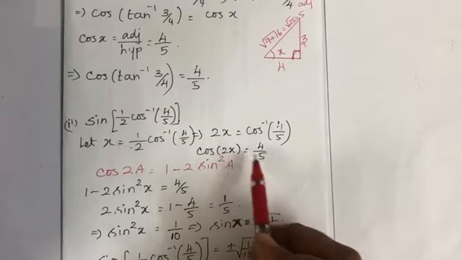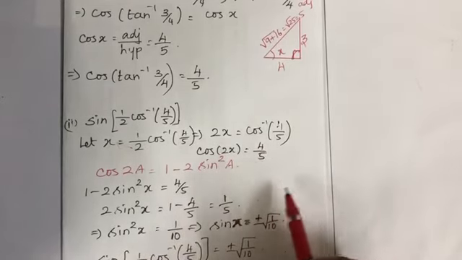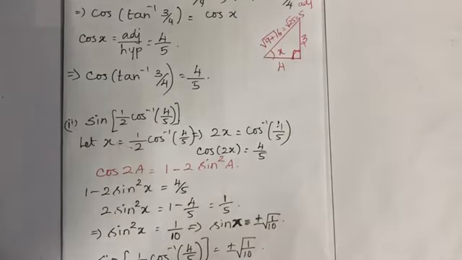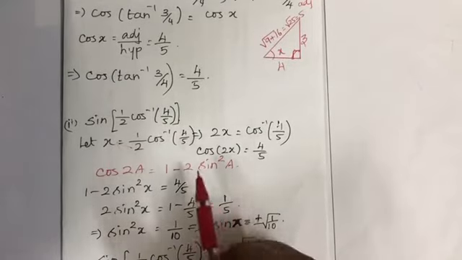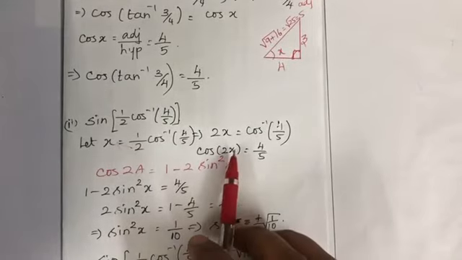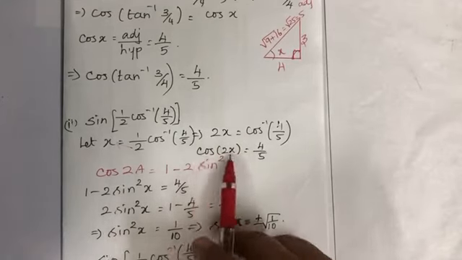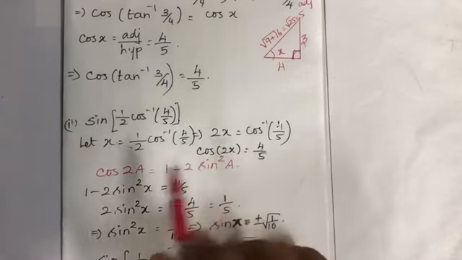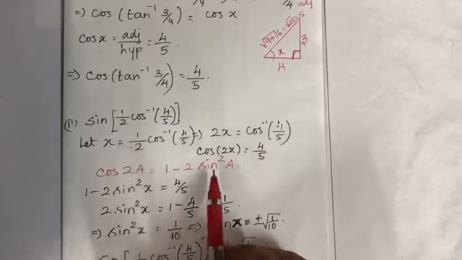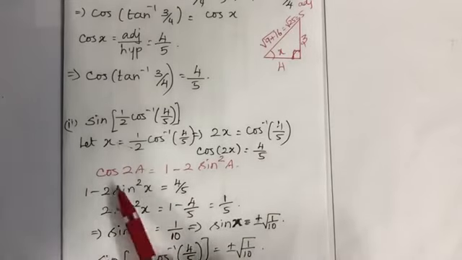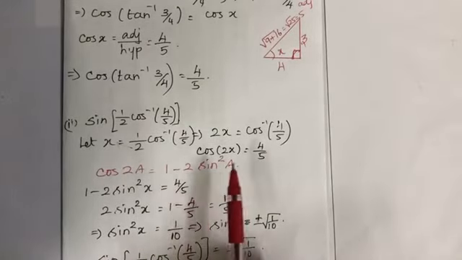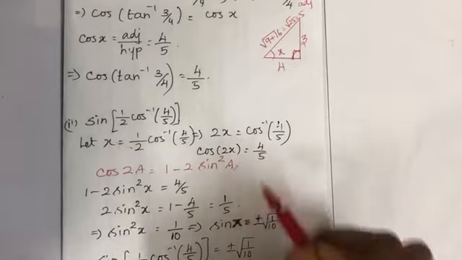We have to find the sine value. If it were cos x equal to 4 by 5, we could draw the right triangle and find it. But here it is cos 2x, so we have to write the multiple angle formula of cos 2a in terms of sin a. So cos 2a is equal to 1 minus 2 sin square a. We have this formula.